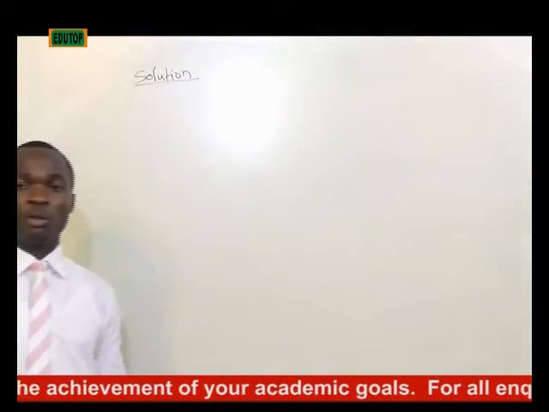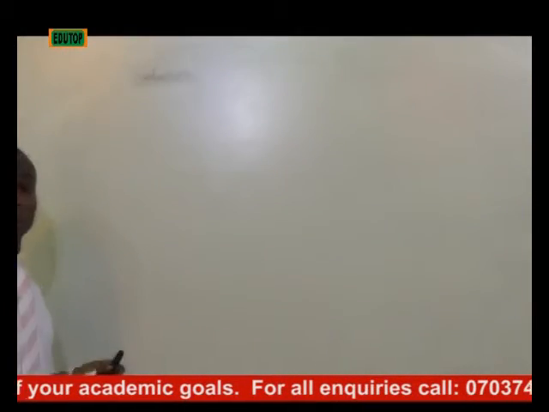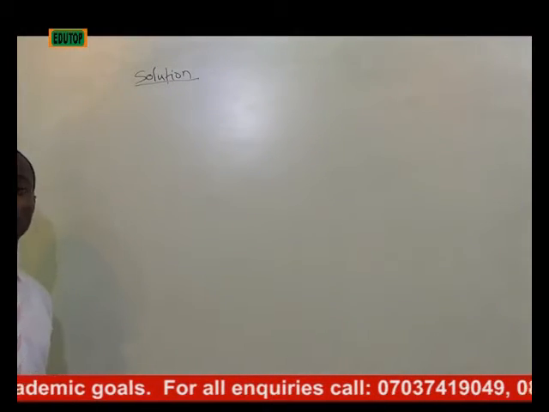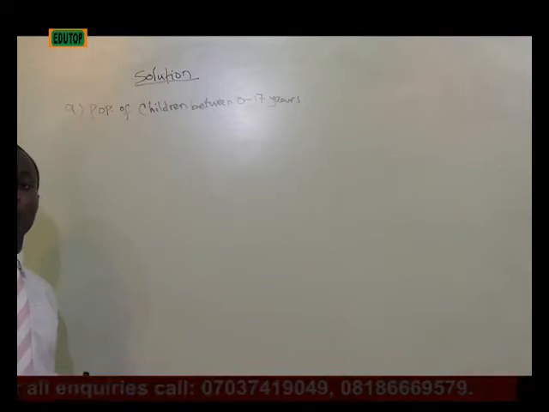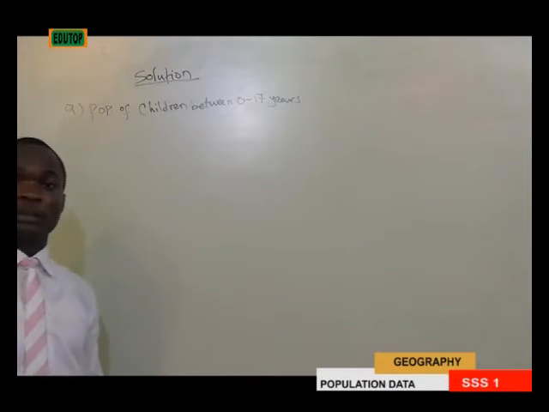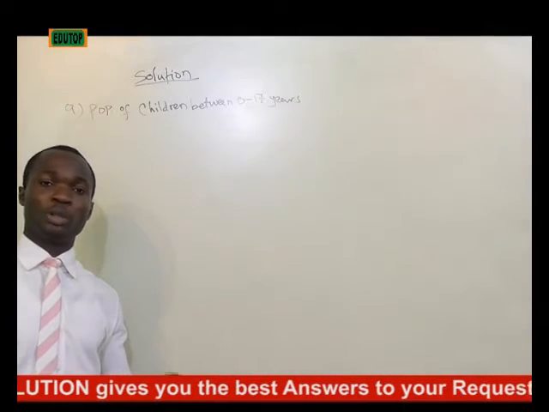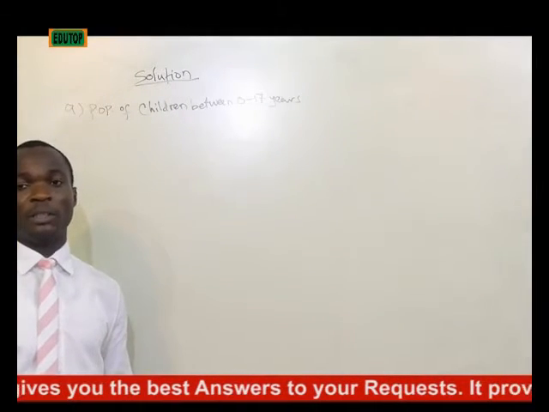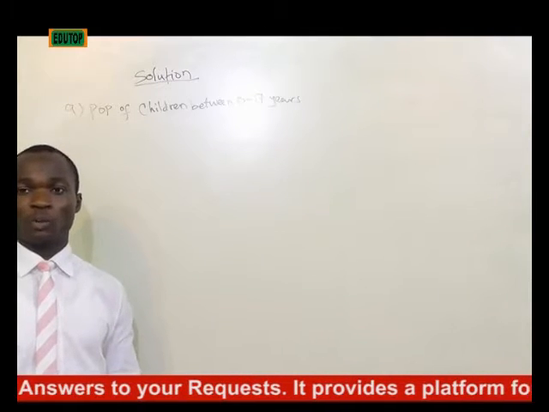So to calculate for number 1, the population of children between 0 and 17 years, what do we do? Now, the percentage of children between 0 and 17 years from the pie chart is 120%.